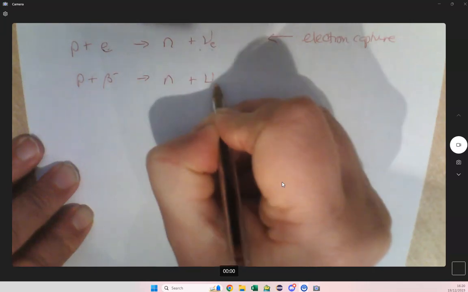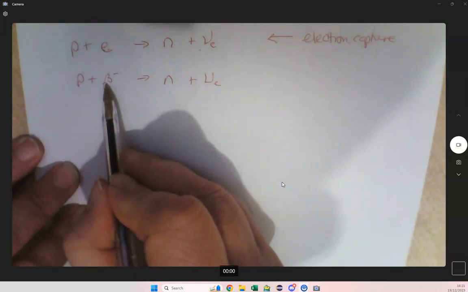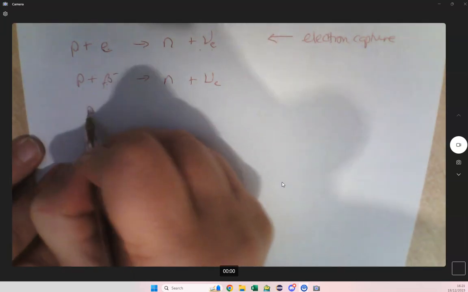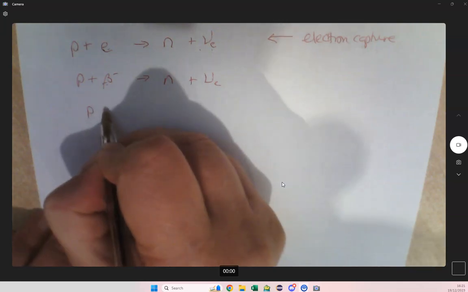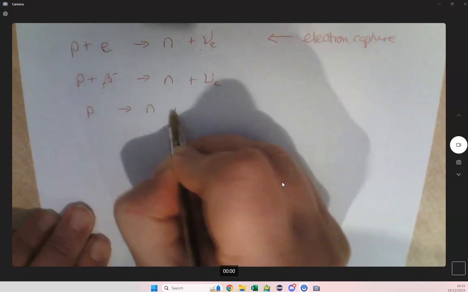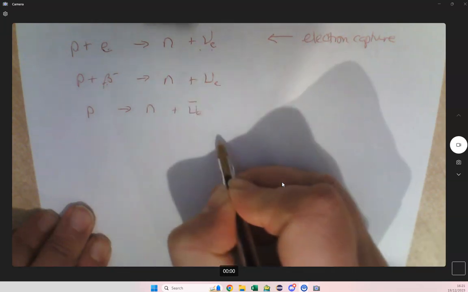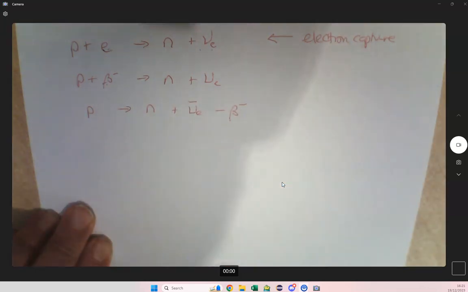So I've got that. And what I'm going to do is take off the beta minus from this side. So what I've got here then is a proton, and that proton is going to be changing into a neutron plus an electron neutrino, and I've had to minus a beta minus particle out of both sides.